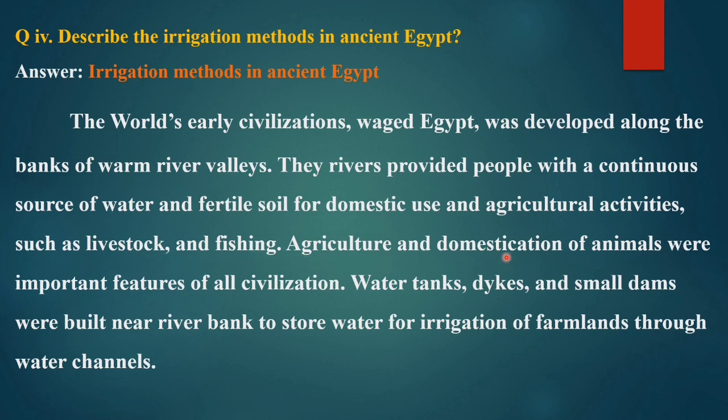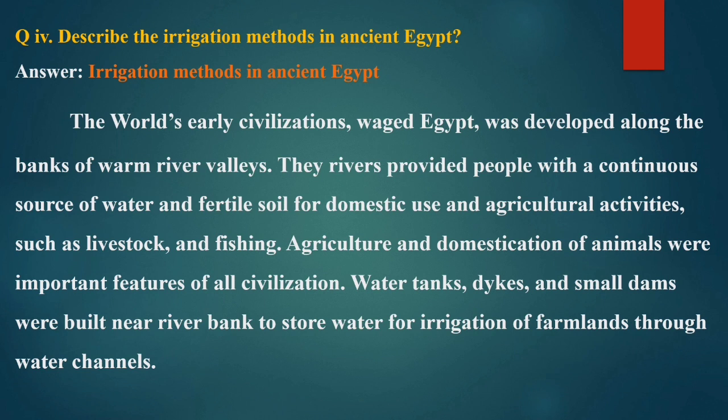Agriculture and domestication of animals were important features of all civilizations. Water tanks, dykes, and small dams were built near the riverbank to store water for irrigation of vast lands through water channels. My guys, are you getting the point?